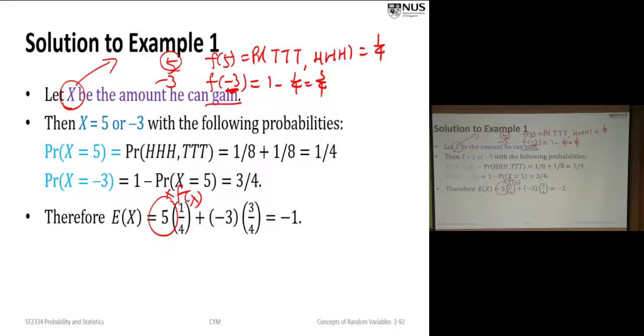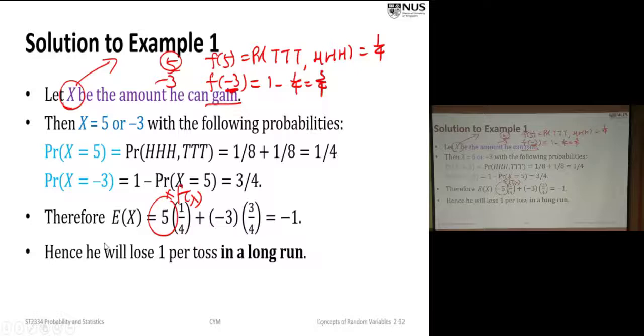The first game he may get 5 or minus 3. The second game he may get 5 or minus 3. But if we look at a bunch of games that he plays and take an average, then you will find that he will lose $1 per game. So it's not good for him. It's not a fair game. So he'll lose $1 in the long run.